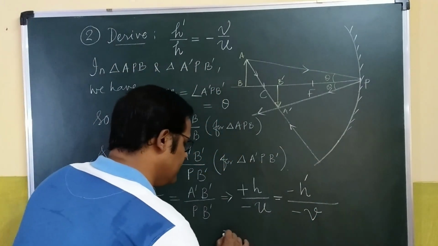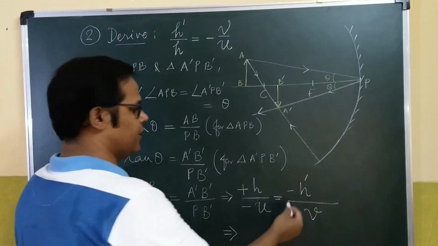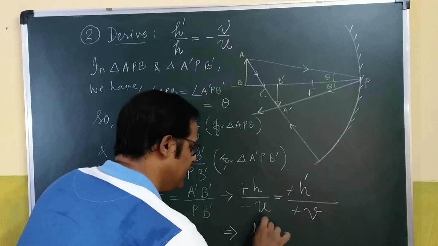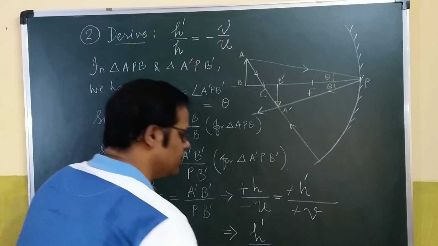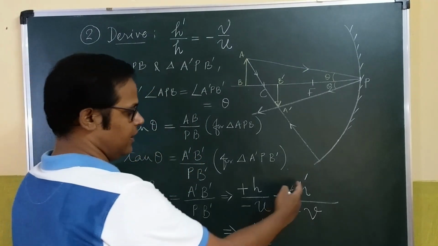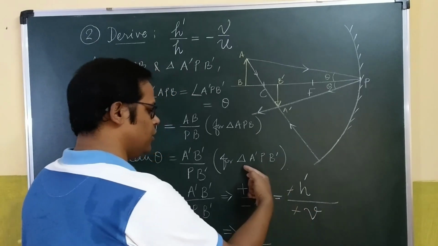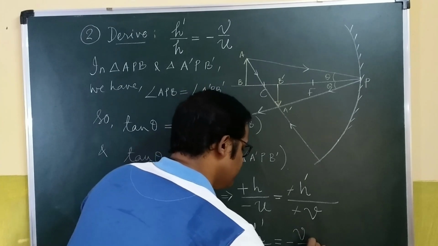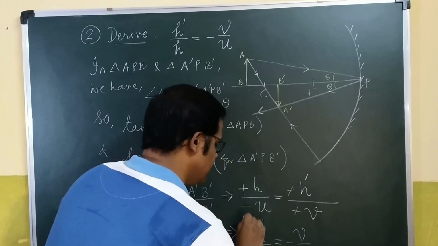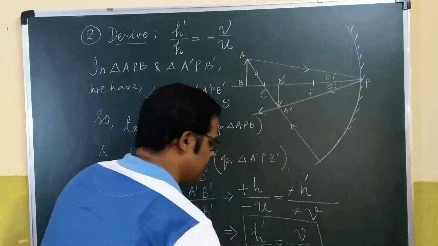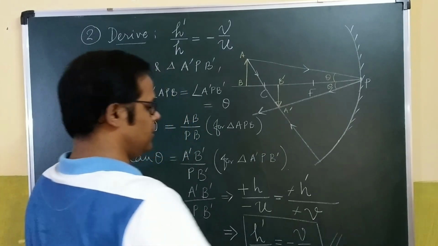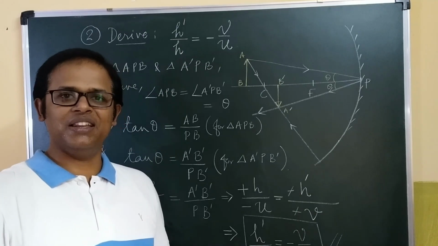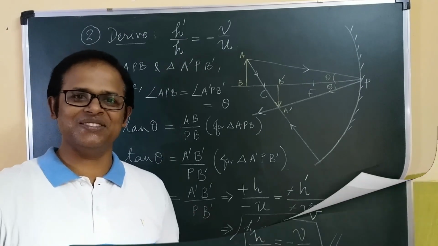Now I will slightly rearrange all this and we will get our derived formula. Minus gets cancelled out. And if I write h dash by h, which is truly the definition for magnification, then v goes up, there is a minus sign. So hence we get minus v by u. This is a very important result which we have beautifully derived, and we are going to use this relation to derive the mirror formula. I hope I am very clear. Please note it down.